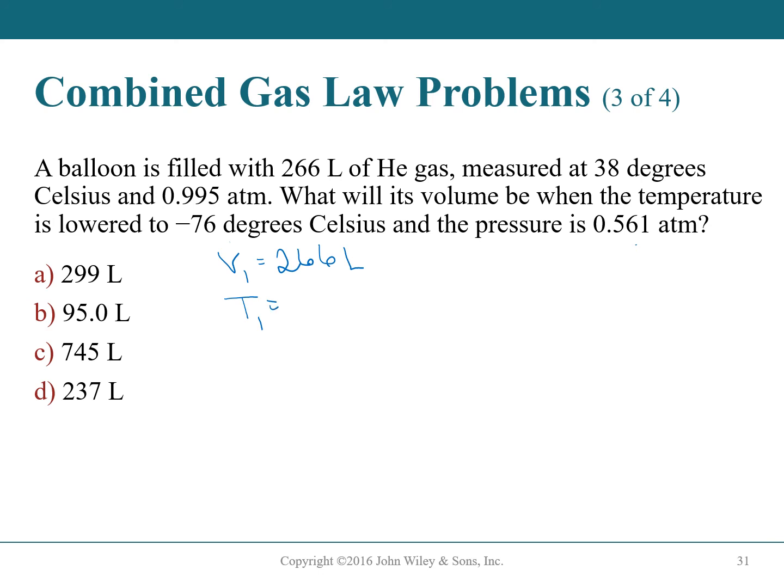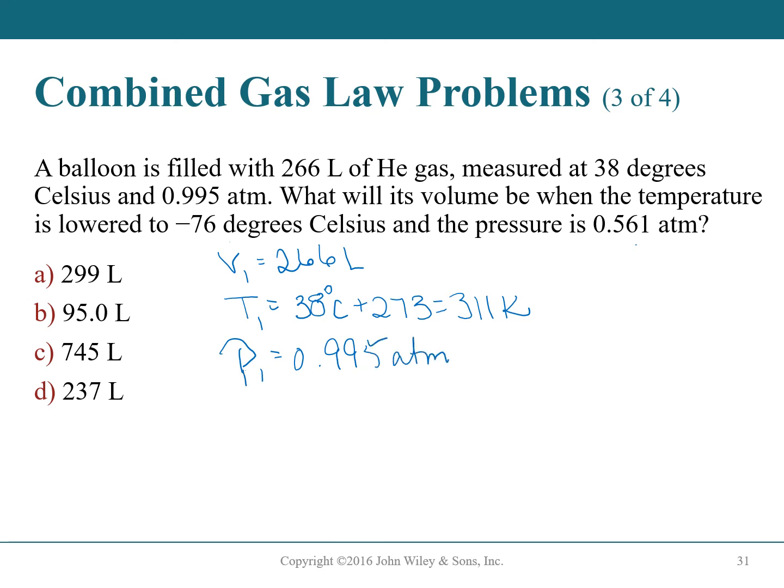T1 is 38 degrees Celsius. So we have to add our 273 to it. And so in Kelvin, we get 311. And P1 is equal to 0.995 atmospheres.